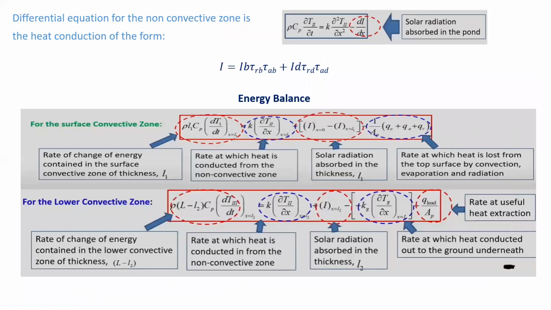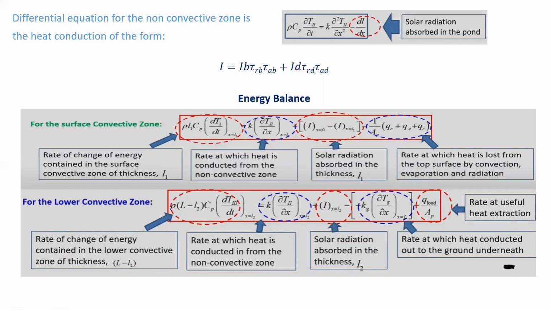So dA/dx is a factor. Usually we know that rho Cp ∂T2/∂t = K ∂²T2/∂x² is the heat conduction equation, but here we must include the solar radiation absorbed in the pond.